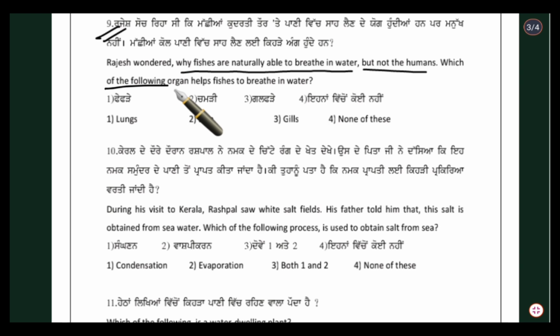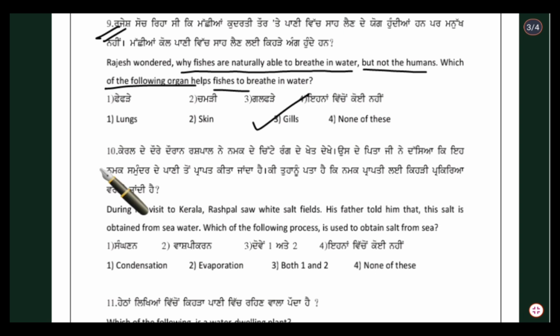Which of the following organs helps fish to breathe in water? Fish use gills to extract oxygen from water, right? So it's gills that help them to breathe in water. So here the option number 3 is your right option.